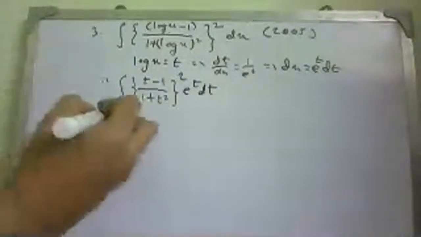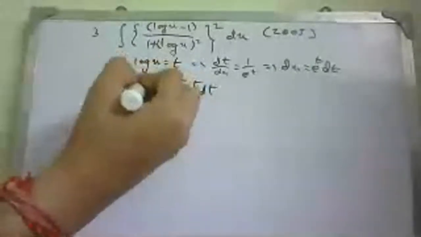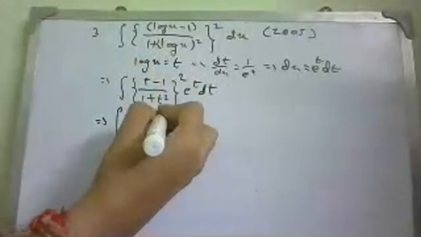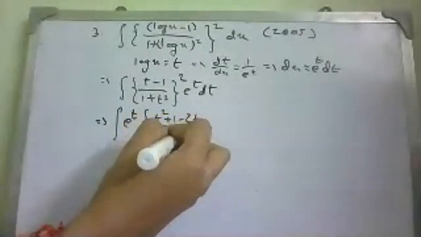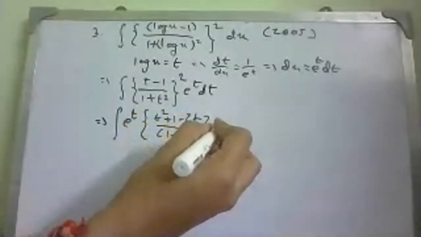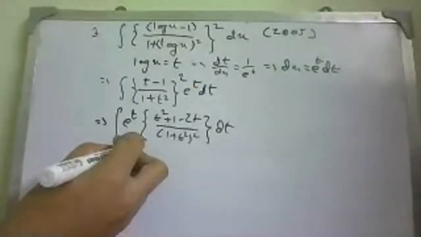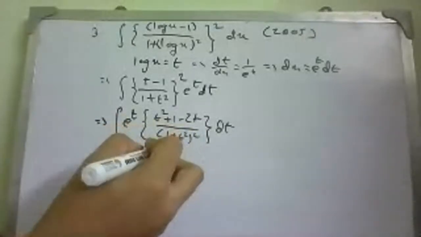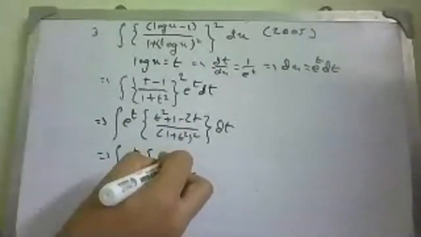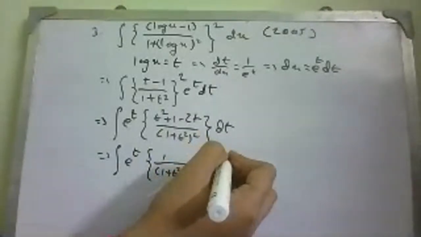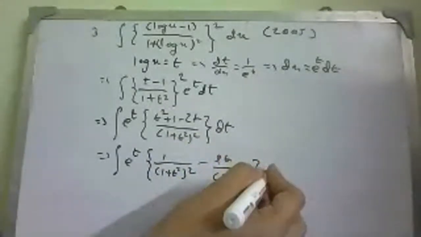If you see very closely, this is nothing but e to the power t times expansion of this particular term. This is t square plus 1 minus 2t over 1 plus t square whole square. So what we can write after this, e to the power t, we can separate the things out: 1 over 1 plus t square, minus 2t over 1 plus t square whole square.